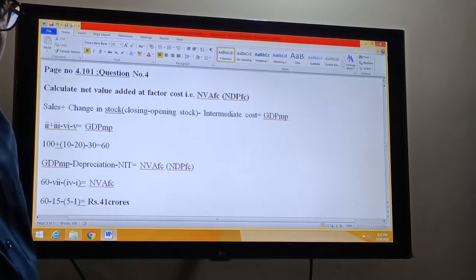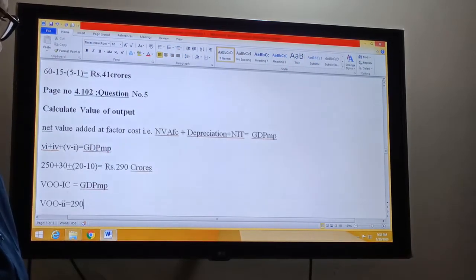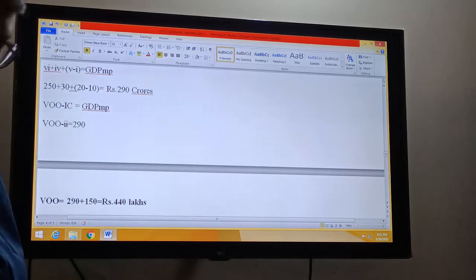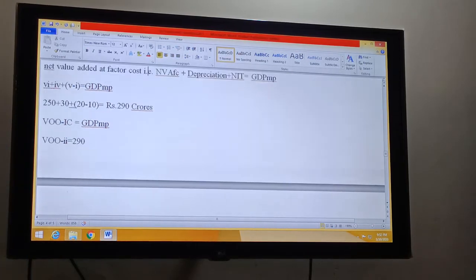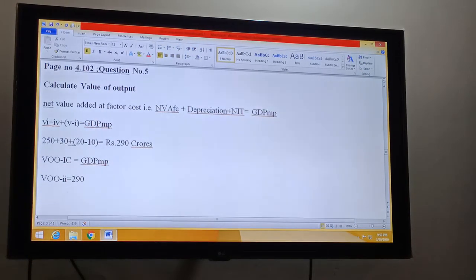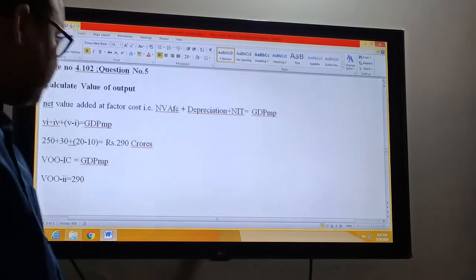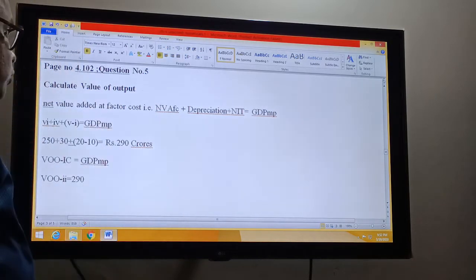Now do the next question, question number 5. Please see, page number is 4.102 and question number 5.